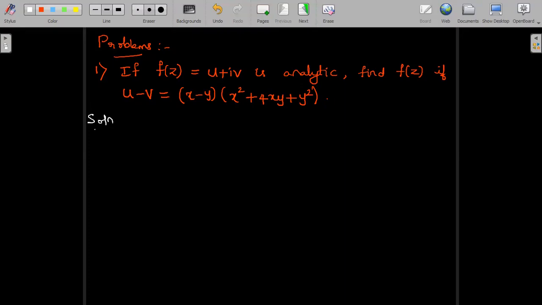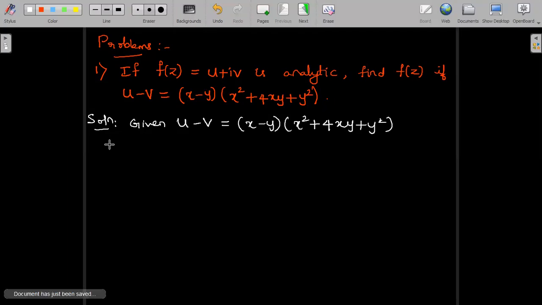So given u minus v, we can find out the partial derivatives with respect to x and with respect to y. First, we will multiply this product given for us so that it will be easy for us to proceed further. Okay, so this is the given expression for us. First, we will rewrite the given expression u minus v by multiplying in the right hand side.